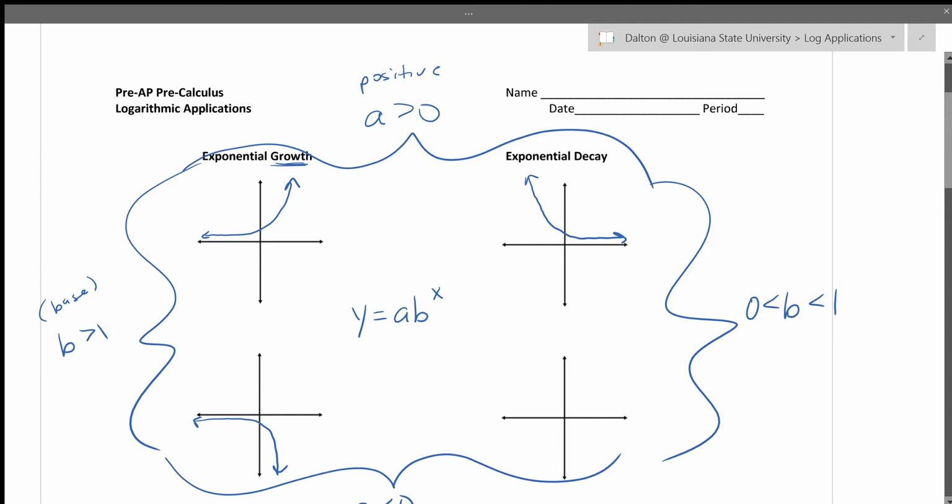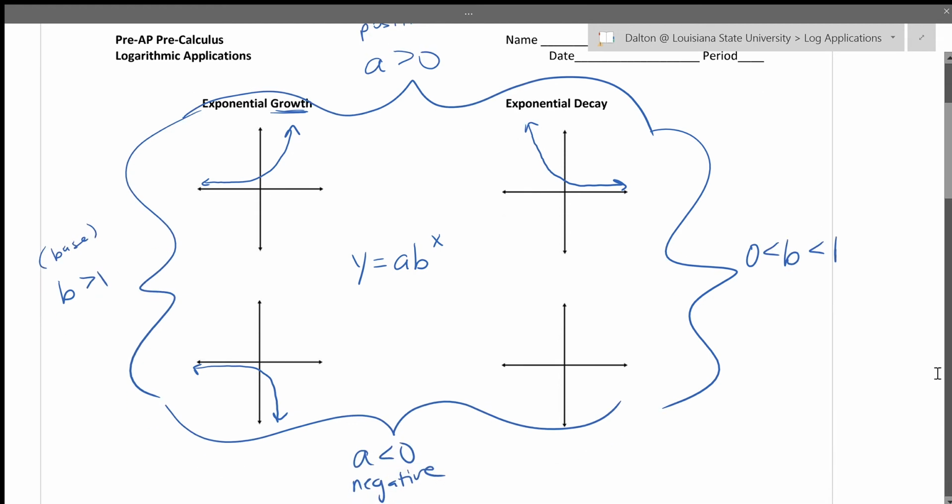So when it's a fraction between 0 and 1, it doesn't have to be a fraction, obviously, it could be a decimal. That's where we experience that decay. Think about taking 1/2 to an exponent, 1/2 squared, it gets smaller, right? It gets to 1/4.